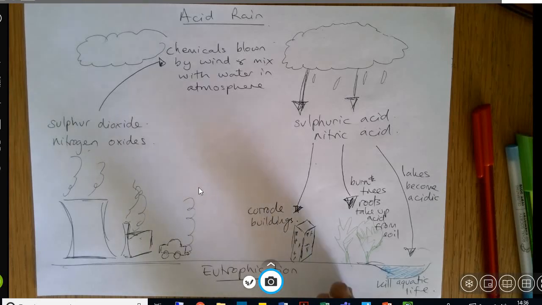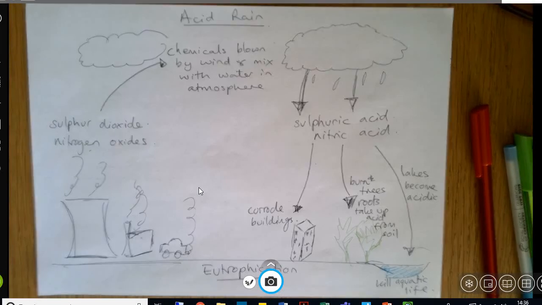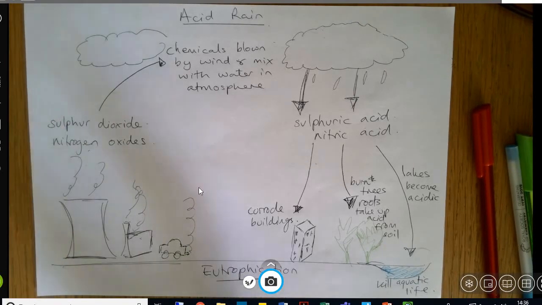There's some really interesting articles and information about the effect that the reduction in manufacturing, the reduction in car travel and use and that kind of thing has had on air pollution.